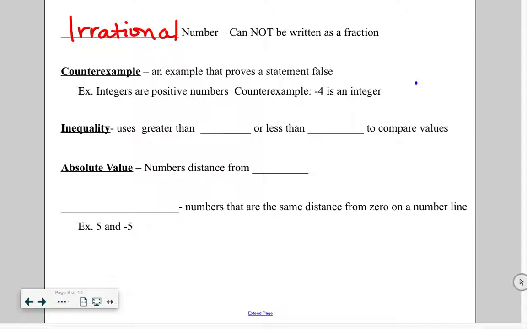So if rational means fraction, irrational means not a fraction. Irrational numbers are going to be numbers like pi, for example, 3.14159, and go on forever and ever and ever. This could be numbers like the square root of 2 or the square root of 5. Those numbers are decimals that go on forever and ever and ever, never repeating.